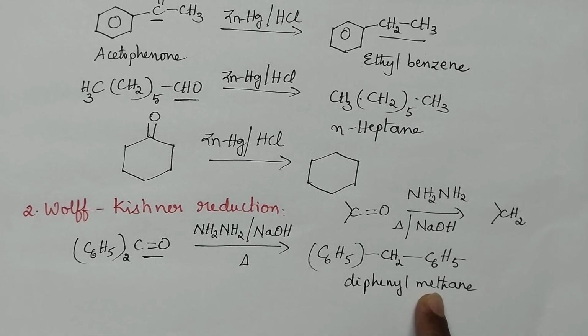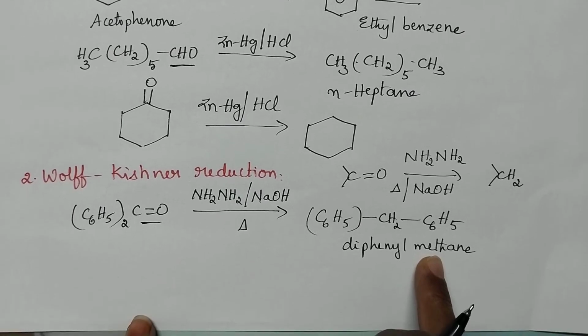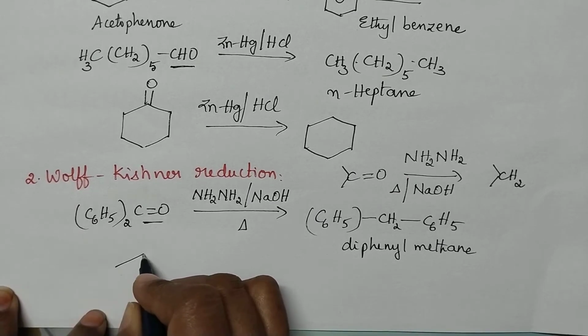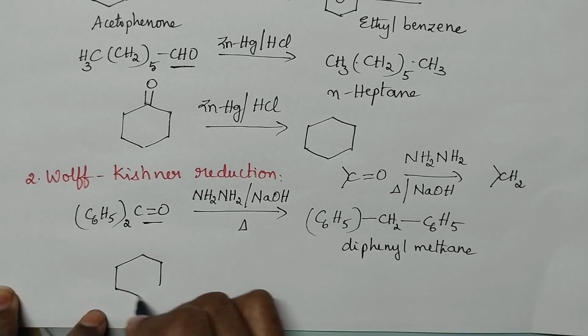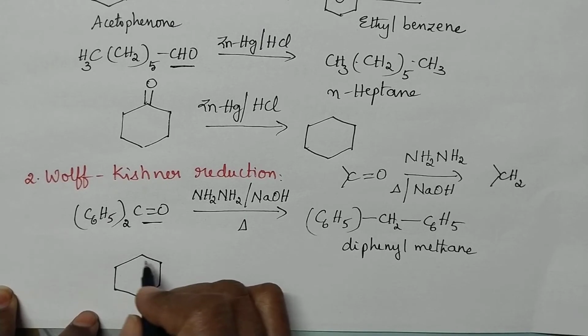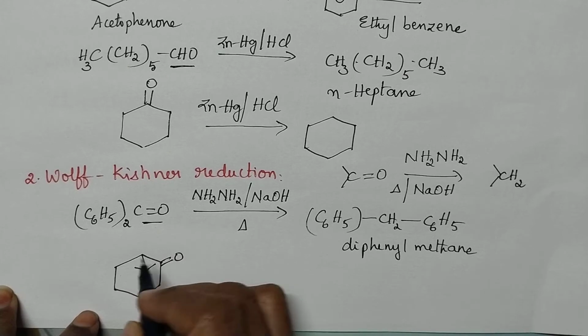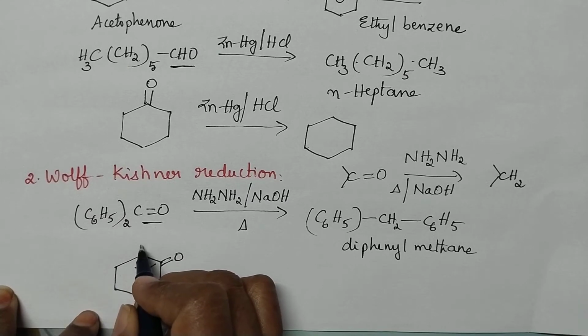One of the most important applications of Wolff-Kishner reduction is that it is possible to reduce camphor into camphane.